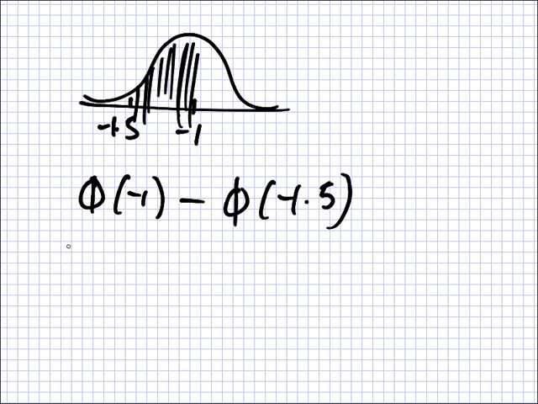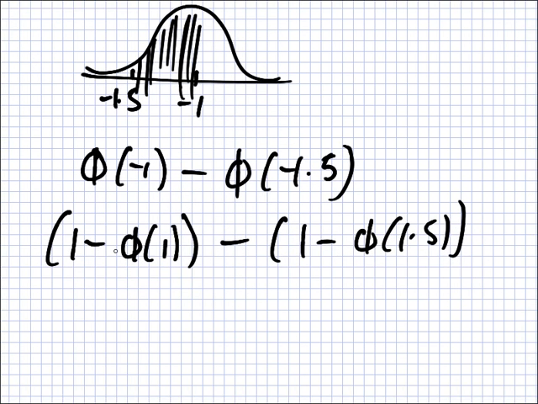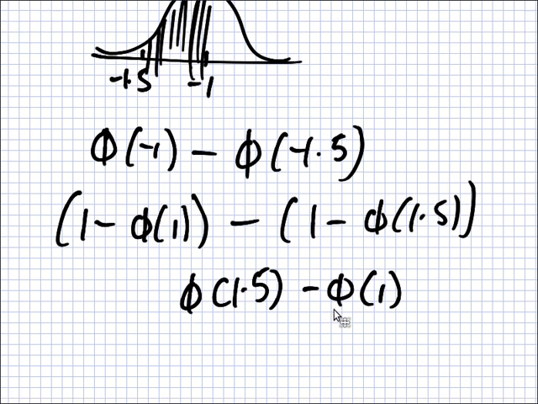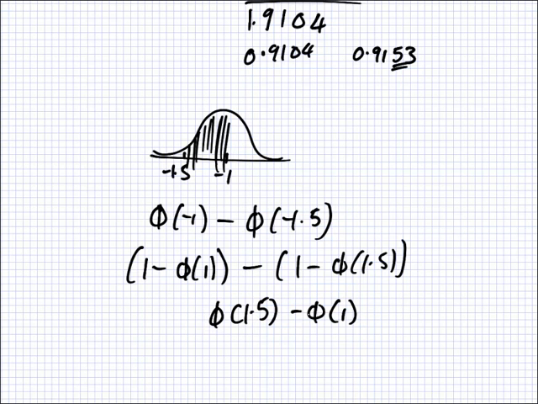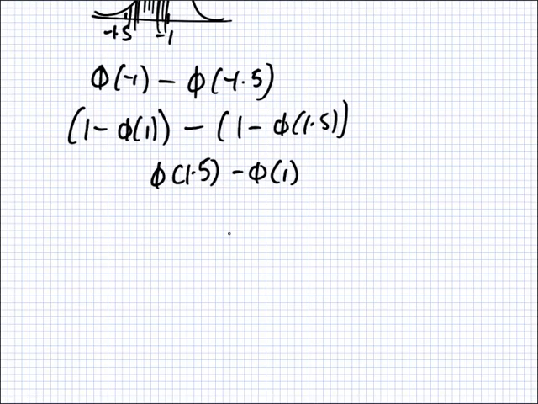That's 1 minus table book 1, minus 1 minus table book 1.5. So the 1 and the minus 1 cancel, and it ends up being table book 1.5 minus table book 1. I actually have those values written down earlier. What's 1.5? 0.9332. And 1 is 0.8413.